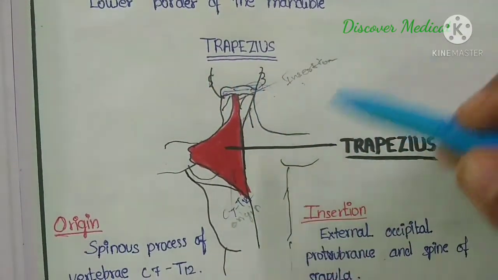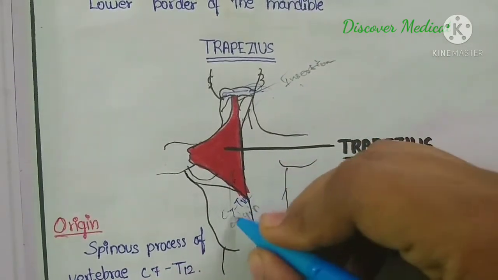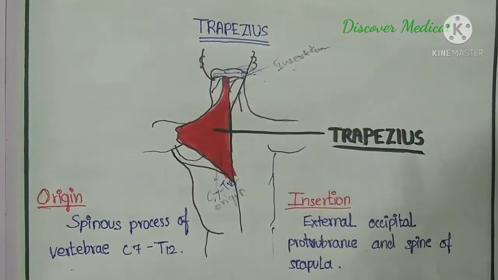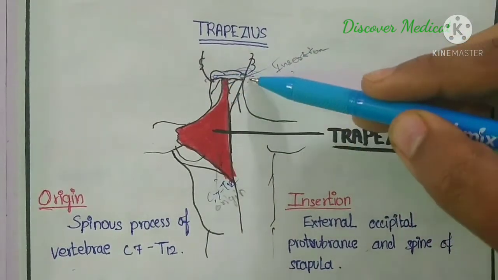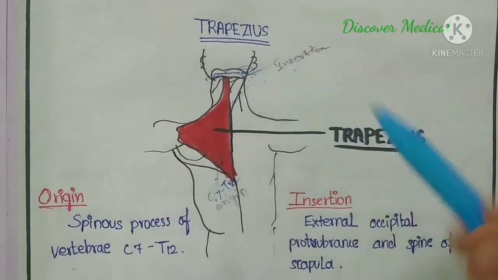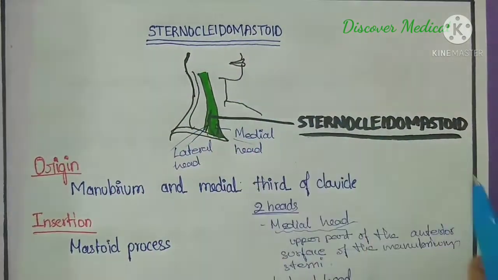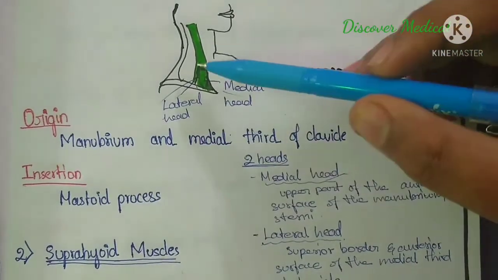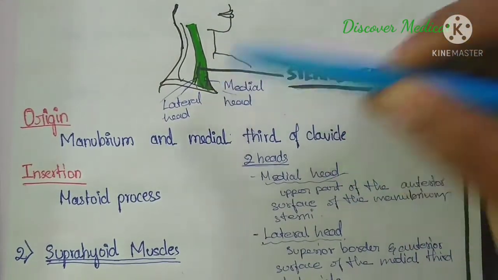Trapezius muscle originates from the spinous processes of vertebrae C7 to T12 and inserts at the external occipital protuberance and the spine of the scapula. Sternocleidomastoid has two heads, a lateral head and a medial head.